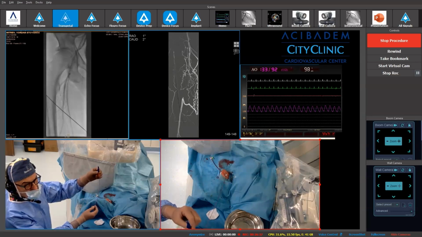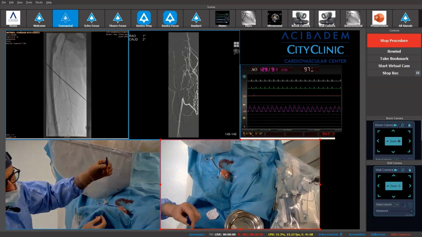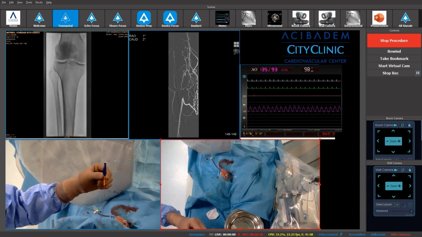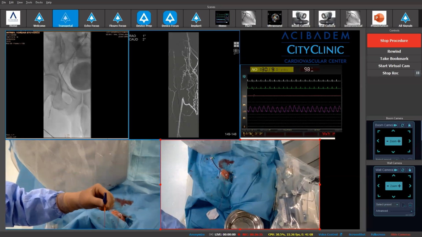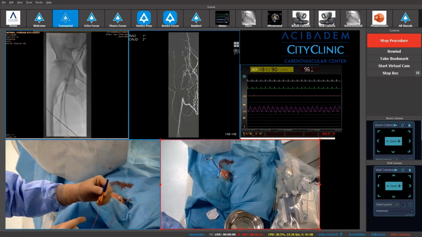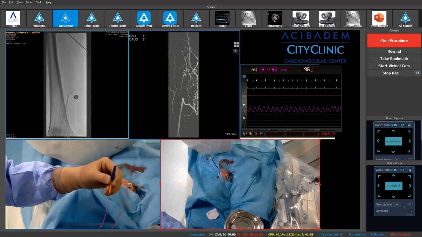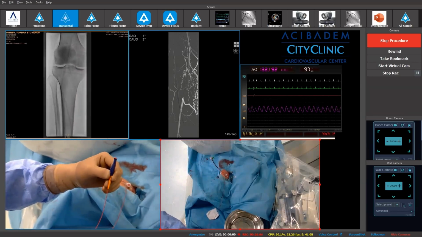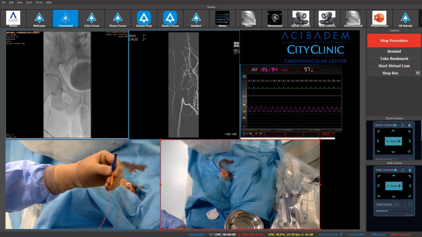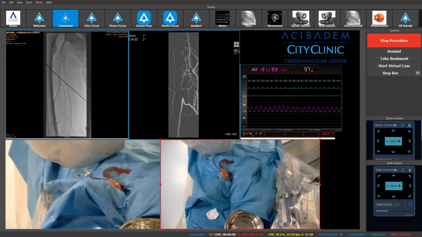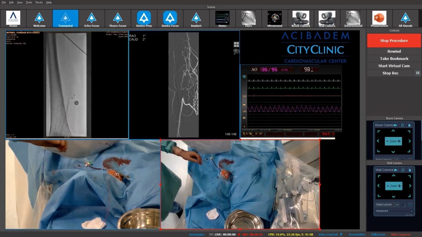Absolutely great. We are going to see several drops of blood coming. So it's absolutely spontaneous. Excellent. Thank you so much. So obviously we are in the true lumen of the SFA proximally.